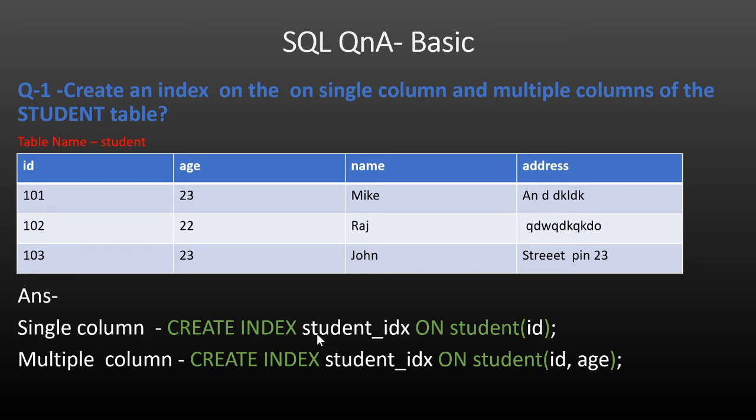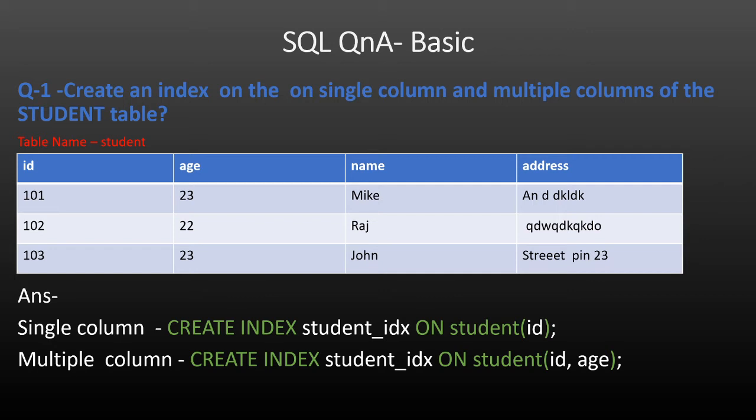So you write the index name like student_idx, then on student, where student is the name of the table, and then the column you want to index. Here I have given id. This is how you create an index on a single column.